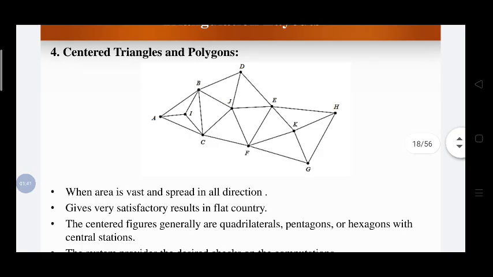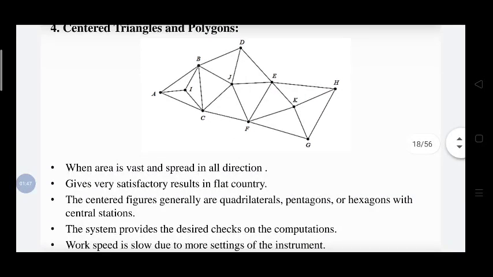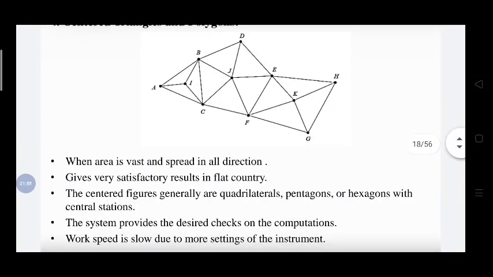Centered triangles and polygons: this is adopted in case of vast areas spread in all directions. This gives satisfactory results in flat country, so it is more suited to a flat area as compared to a hilly area. The center figures generally are quadrilaterals, pentagons, hexagons with central stations. Center figures such as this B, D, E, F, C is a pentagon.